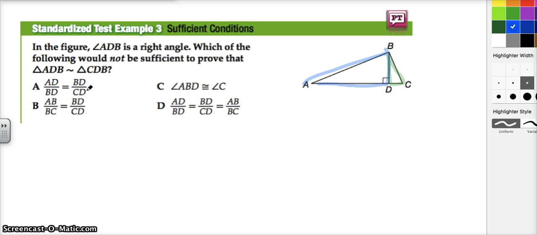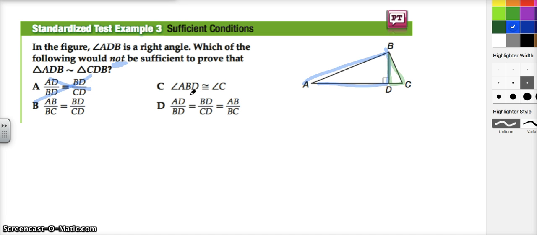So I already know a couple things. But what if they told us that AD to BD is the same as CD to BD? Would that be enough to prove that these guys are similar? And hopefully you can see that yes, that would be. So that's not what we want. We want something that's not enough. So that would be enough, so we've got to move on.